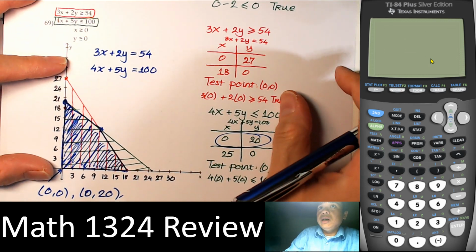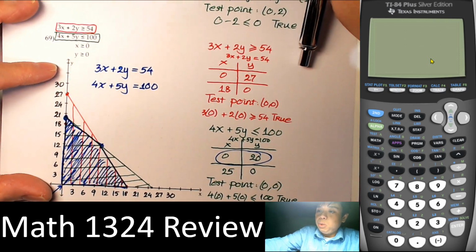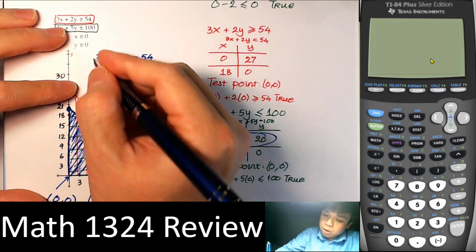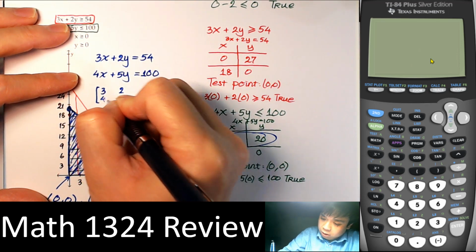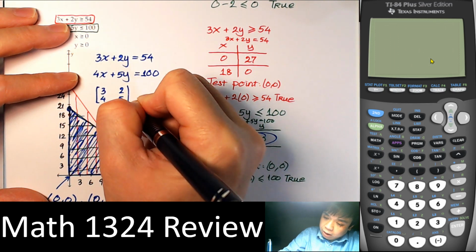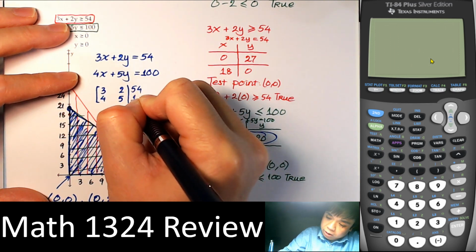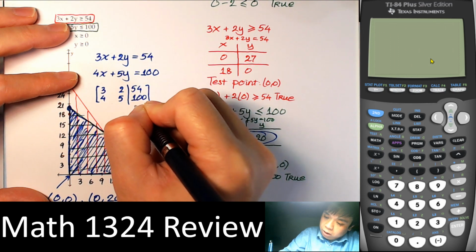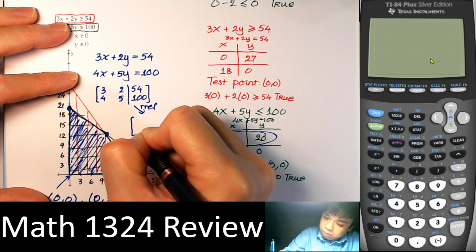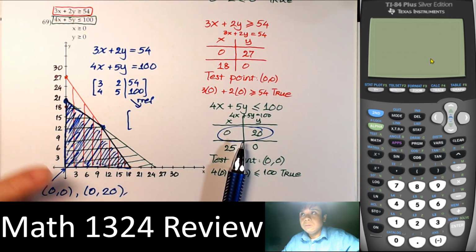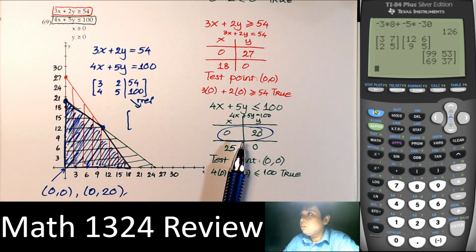And from the previous section we can use the reduced echelon form. So we form this matrix, and then 54, 100. And we do reduce to echelon form. Second matrix.